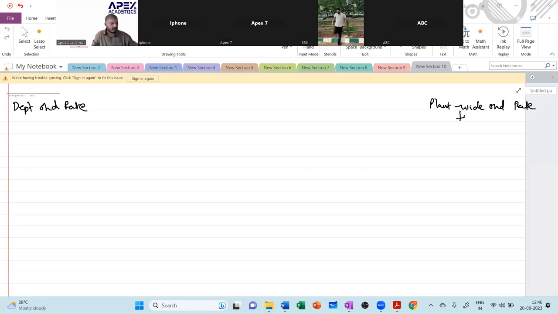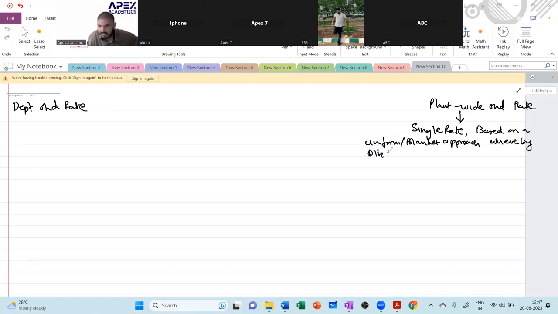What is the meaning of a plant-wide overhead rate? Please understand. It is a single rate based on a uniform or blanket approach whereby direct labor hours or machine hours are used for allocating the overheads.